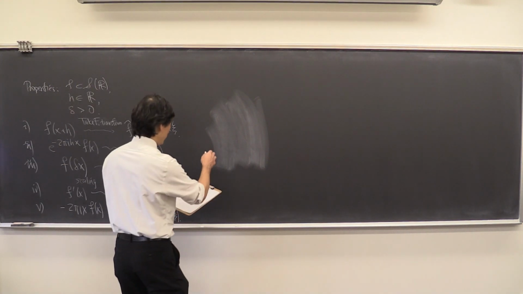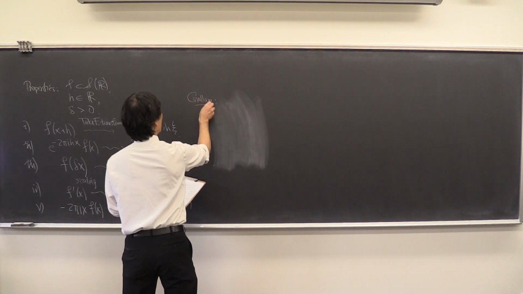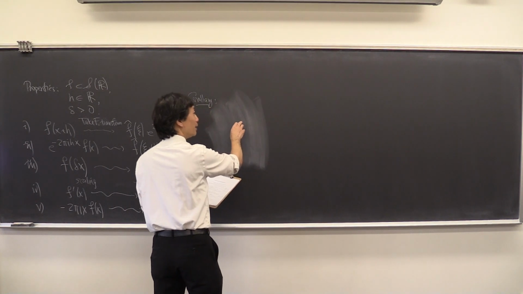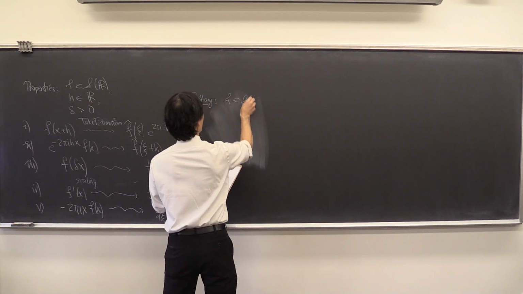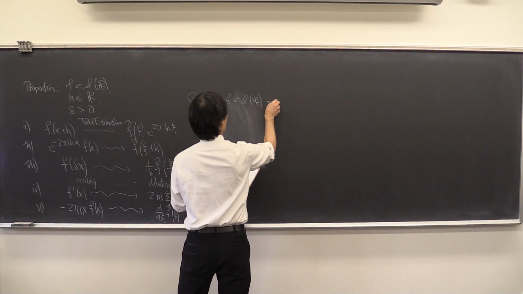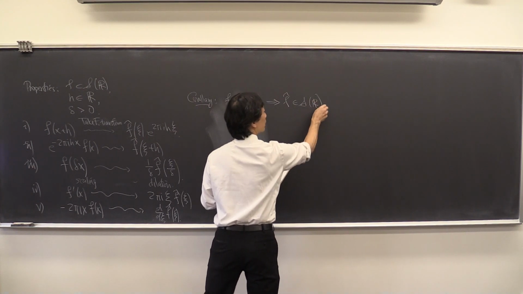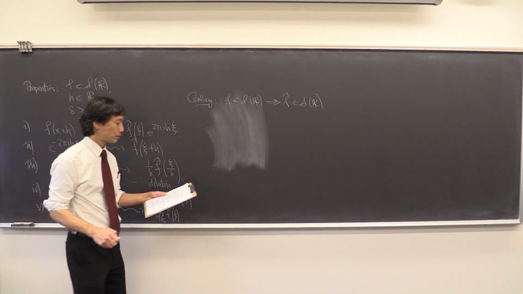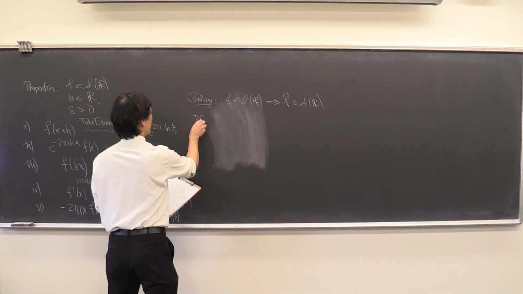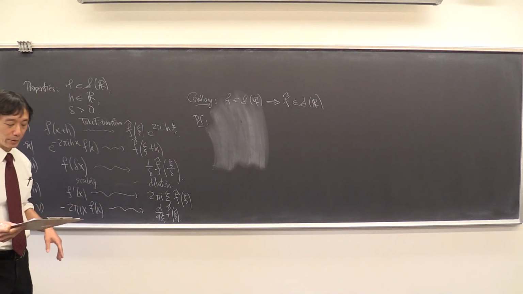And the point of this for us is that if f is in the Schwartz class, then f hat is also in the Schwartz class. And the proof of this is just to use these properties.